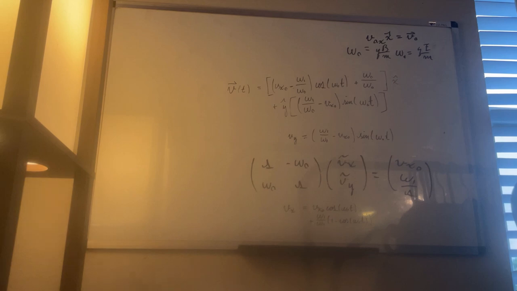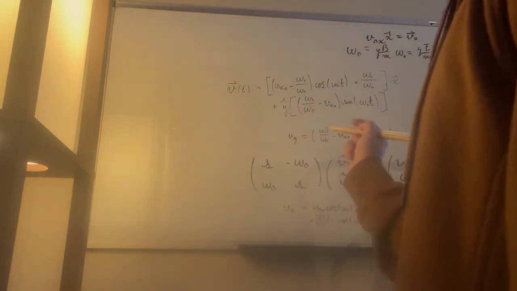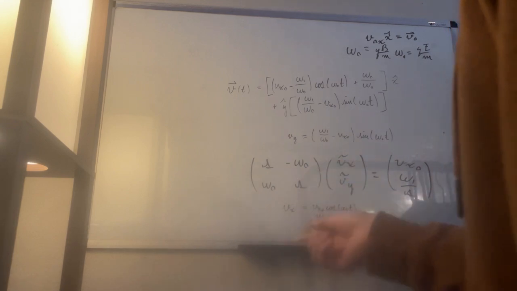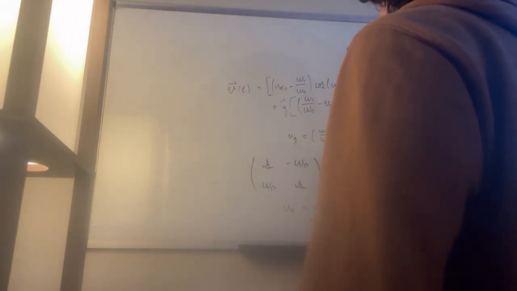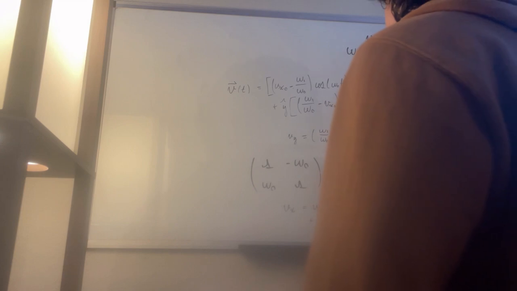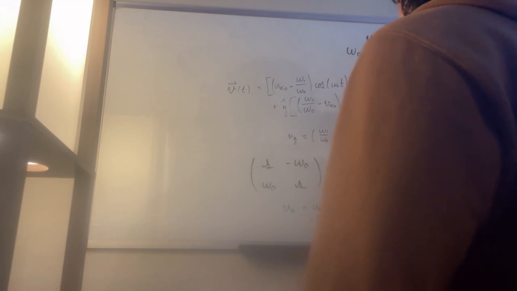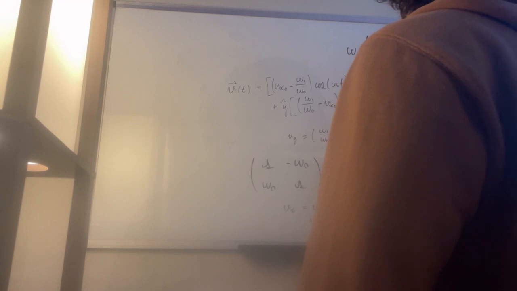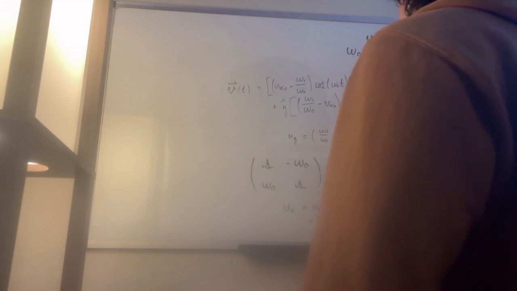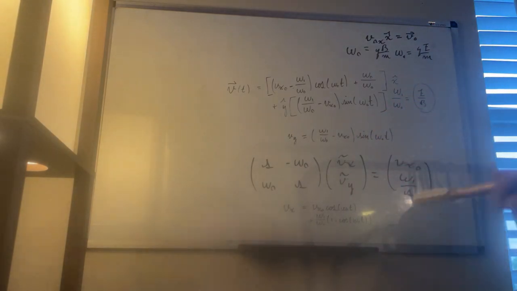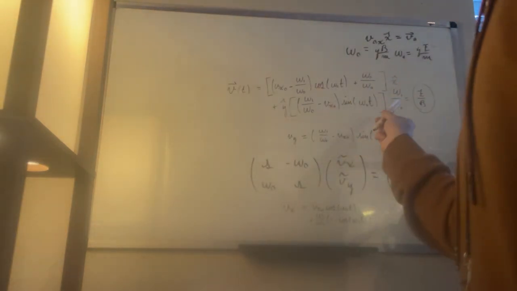You can simply note that if Vx naught was equivalent to omega 1 over omega naught, and if we simplify omega 1 over omega naught to be E over B, this is what we call the drift velocity. If you set your component to be equivalent to that, you're going to get a constant velocity in this direction. This is actually omega 1.